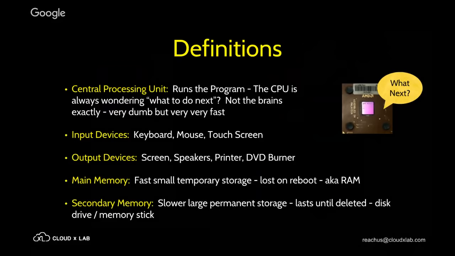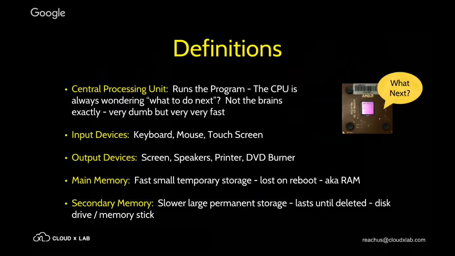All right. Now, a quick definition: CPU is central processing unit. And the CPU is always wondering what to do next. Not the brains exactly, but very dumb, but it does things really fast. The CPU is the one which has all kinds of logic gates, which basically interpret the incoming binary code.